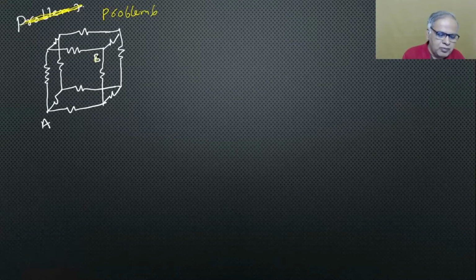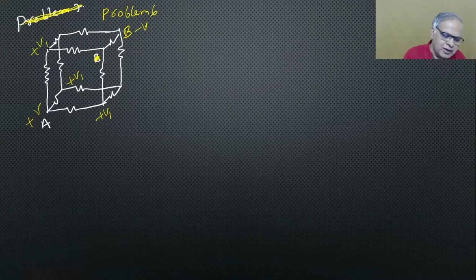But I'll remove B here. I'll put B there as usual. We decided until now that this is plus V, this is minus V, plus V1, plus V1, plus V1. Minus V1, minus V1, minus V1.